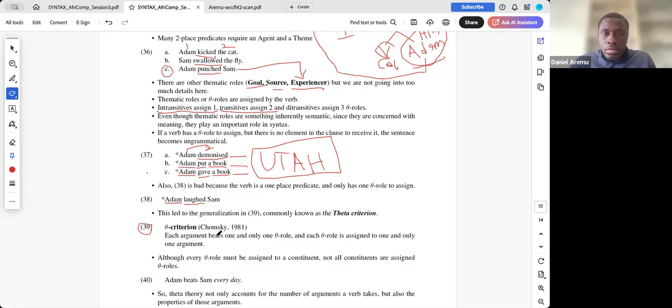I'm trying to find out how predicate is conceptualized. Is it a two-place predicate or a one-place predicate? Two-place. Demonize is a two-place predicate. If it's a two-place predicate, what are the predicates in that sentence? Adam demonized the principal. Yeah. Good.